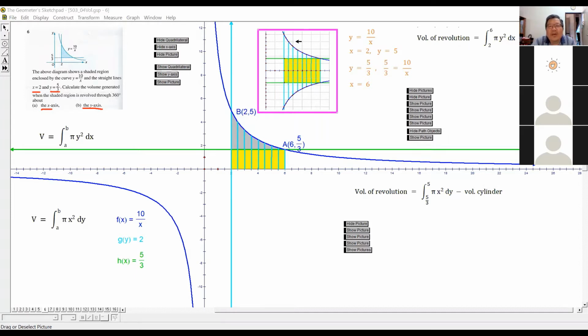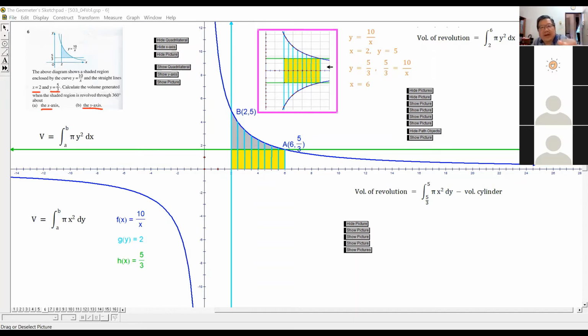So the blue part, when you rotate, is the usual one. It's like a loudspeaker, you know the hailer, they use the loudspeaker like that. That part is the one that comes from the integration, right? The blue line.